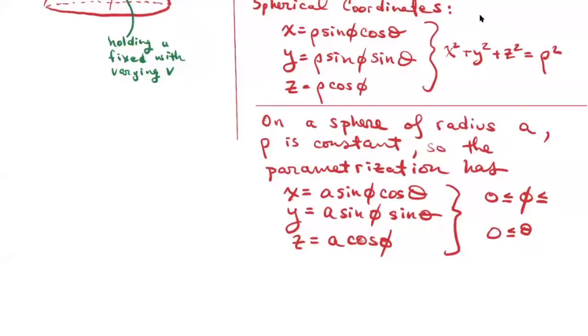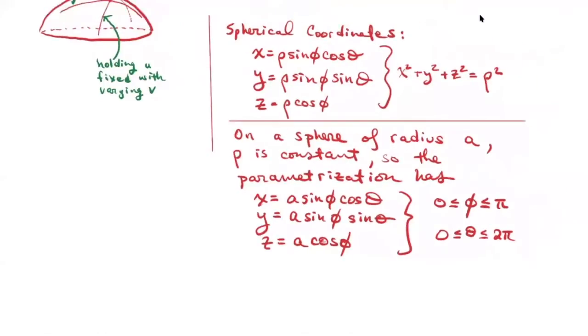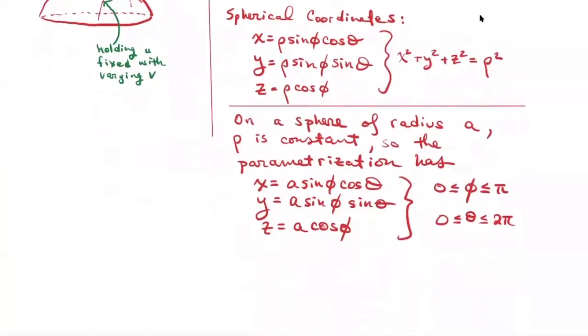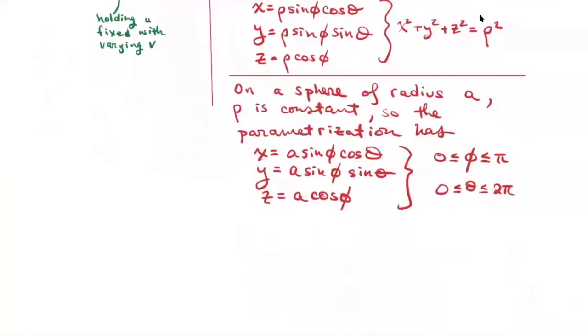Yeah, thanks. Phi has to go from 0 to pi. And theta, as usual, goes 0 to 2 pi. And that'll sketch out a sphere. Okay, so that's a sphere.